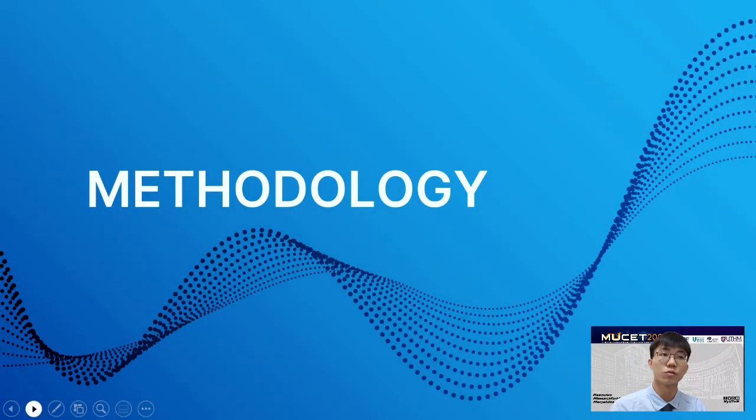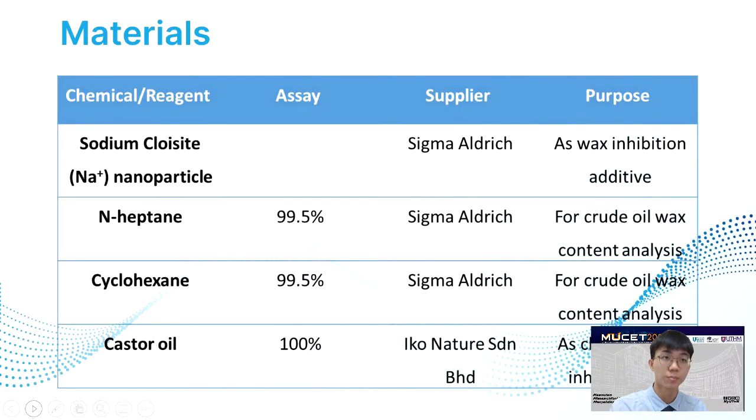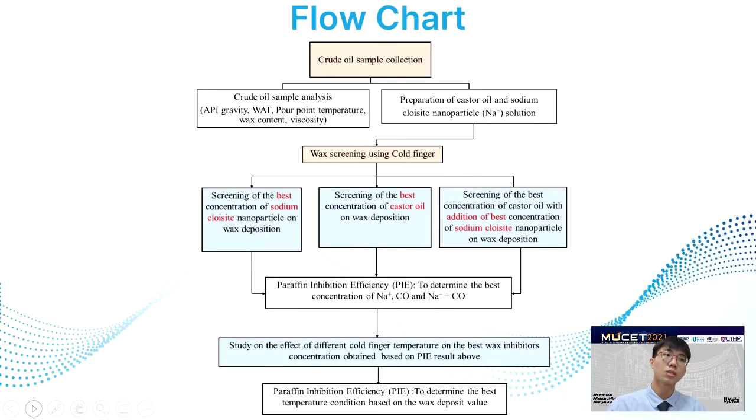For the methodology of this experiment, the materials used are sodium chloride nanoparticle and castor oil as the wax inhibitor, and n-heptane and cyclohexane for the wax content study. In the flowchart of the experiment, the crude oil sample was obtained and characterized by API gravity, wax appearance temperature (WAT), pour point temperature, wax content, and viscosity.